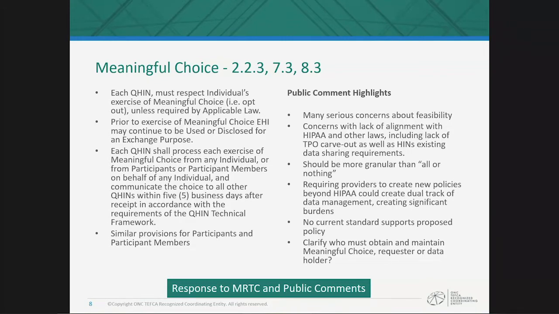And also, if you require providers to support this, something that goes above and beyond HIPAA could create a dual track for their health information practices. So, the question we really had was, would there be concerns if the language around choice just pointed to existing laws and HIPAA in light of the concerns raised? And then we have another question around that.